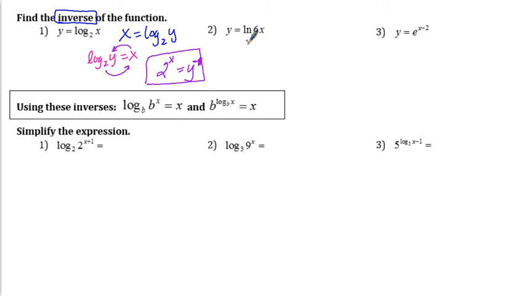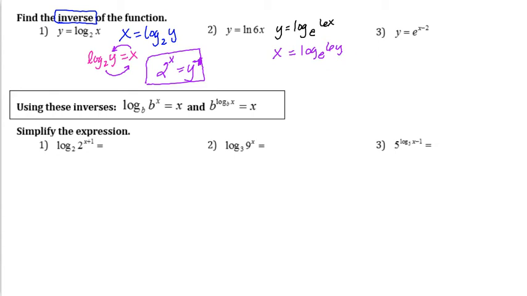Natural log, remember what the base was for natural log? This problem is the same as log base e of 6x, natural log. So now that we have that rewritten that way, let's go ahead and do our swapping. Let's swap x and y. Let's make it x equals log base e of 6y.